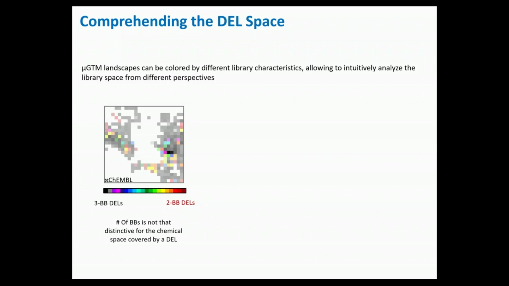It depends on how you define building blocks. After all, you can take 2 building blocks, couple them together separately, and make another building block out of that will couple with a third partner, but it will count as a 2BB DEL. So this is completely understandable.